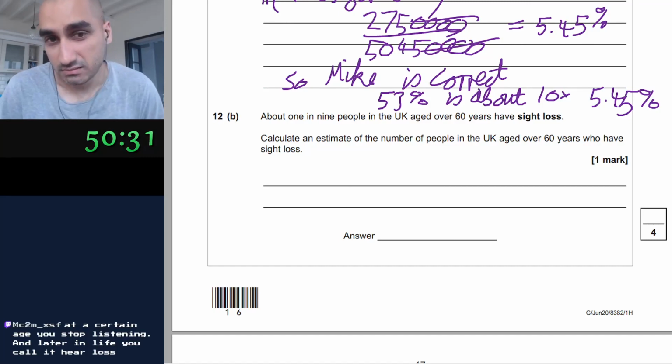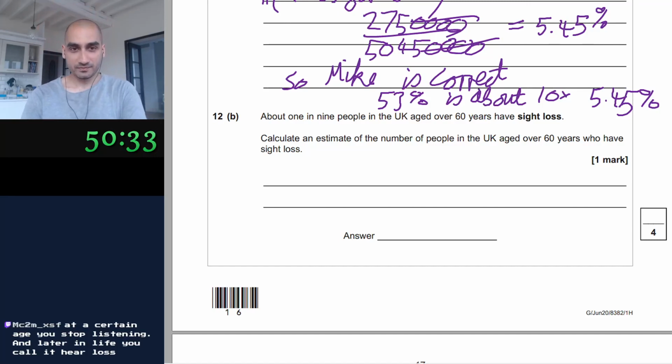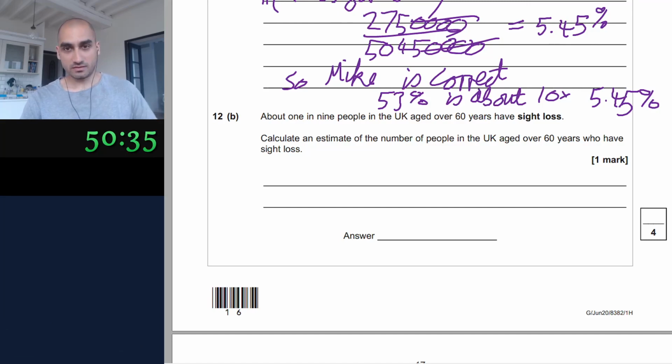So 60. I mean, I had sight loss when I was like a teenager. Then I got laser surgery. Calculate an estimate of the number of people in the UK aged over 60 years who have sight loss.